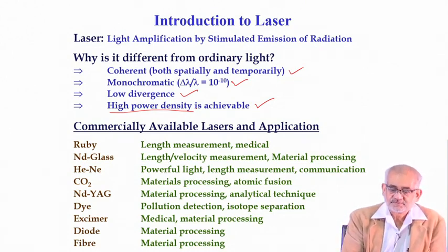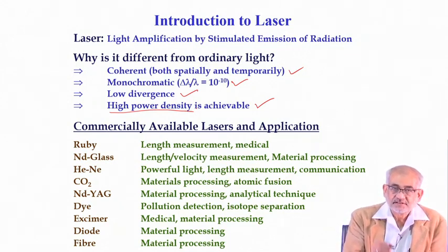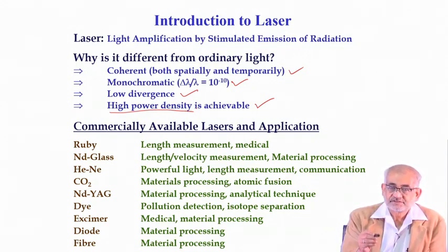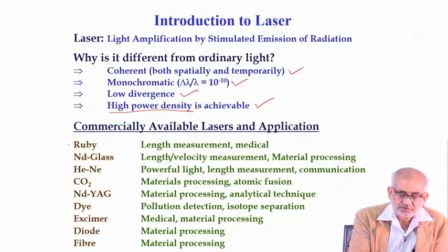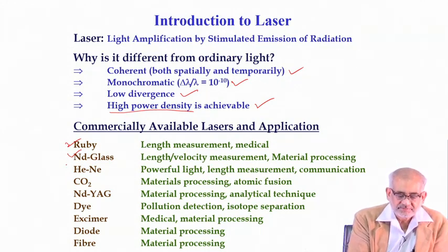There are a host of lasers. Before we go into the generation part and application, there are a host of lasers traditionally which can be used for various kinds of processing. Starting from ruby laser to Nd glass laser, where the species which produces laser is the neodymium ion in glass or non-crystalline matrix, helium neon laser, CO2 laser.